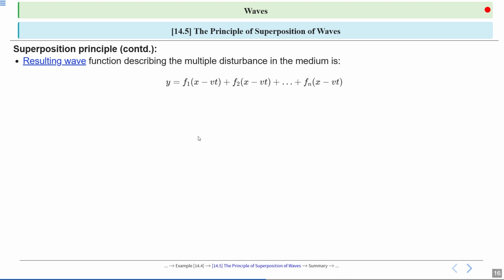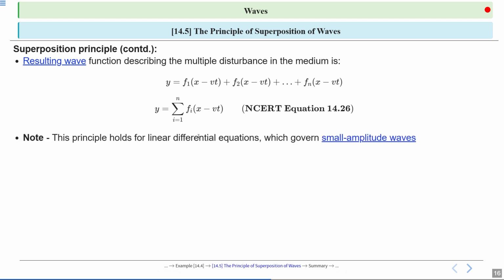All the waves are moving with the same speed v, and we are simply adding their effects together. We can write this more compactly using the summation symbol: y = summation from i = 1 to n of fi(x - vt). It means that if you have n different waves, you just add up their individual displacements at each point to get the total displacement.